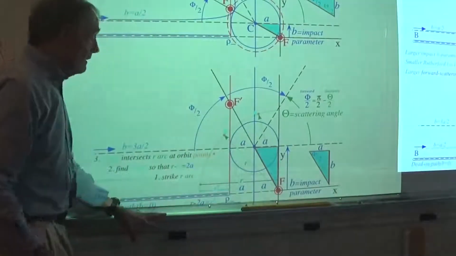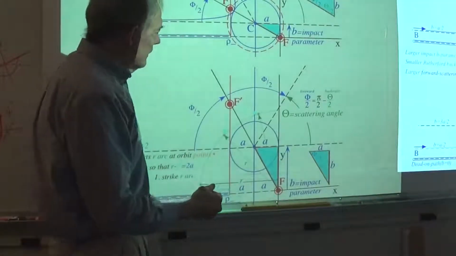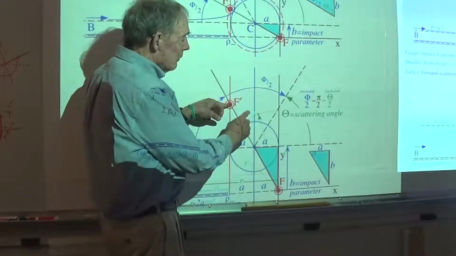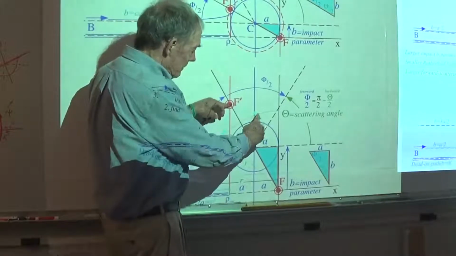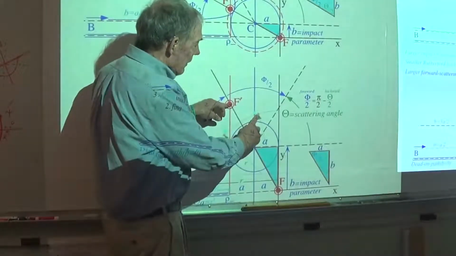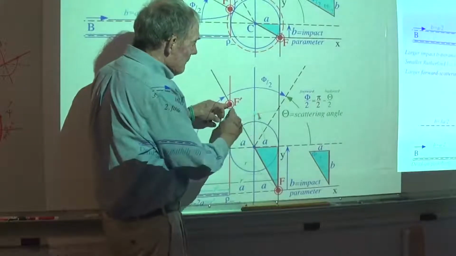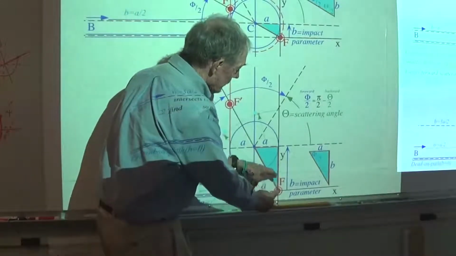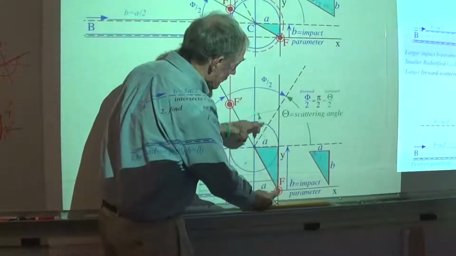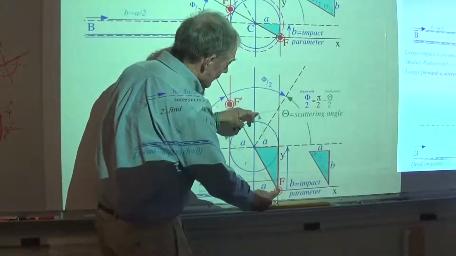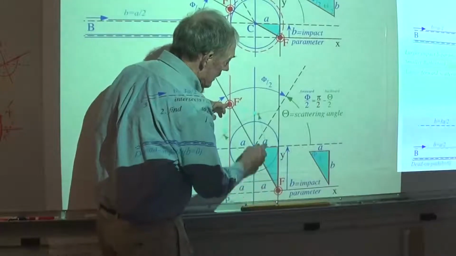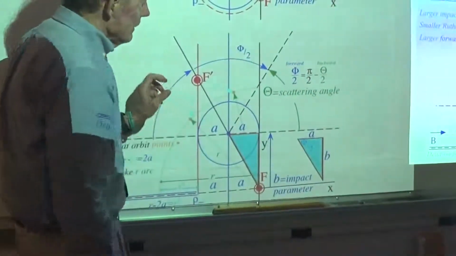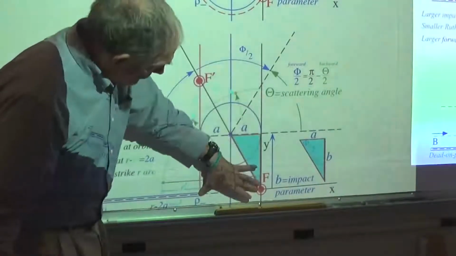And then be aware that for a hyperbola, the difference between r, the distance to the original focus, and r prime, the distance to the empty second focus, is just 2a. That's this distance right here.